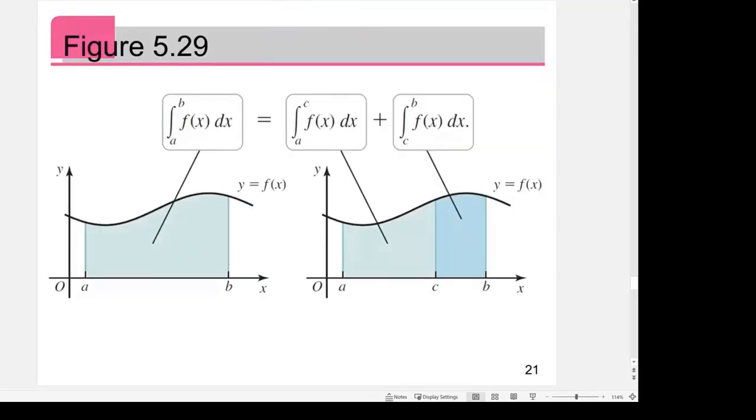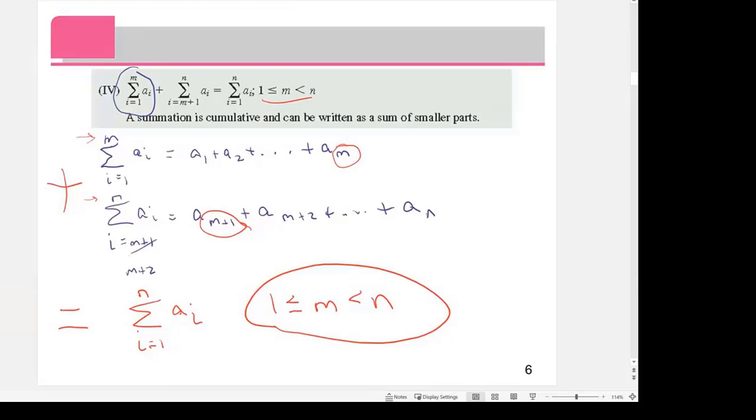If you remember back to when I was doing the sums, the last sum I did, if I add all my areas, or all my pieces, up from somewhere to somewhere, and then I go from that next place to the end, that's really the same as what this picture right here is showing us.